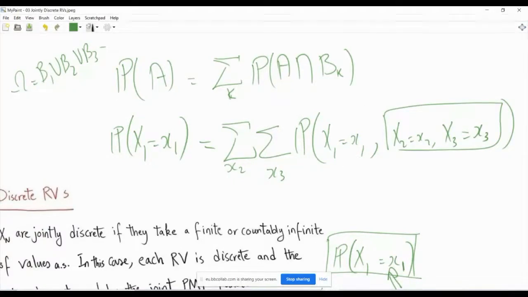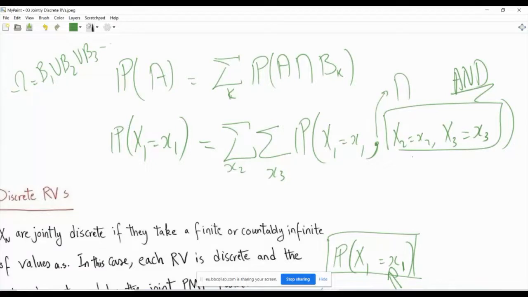I emphasized last time that this comma that we use here is AND. It won't harm if I repeat it: it's an intersection, it is AND. When we talk about random variables, we typically use this comma, and it's nothing but an intersection, an AND. So if I write down something like this, it's the probability that big X1 is equal to small x1 and big X2 is equal to small x2 and big X3 is equal to small x3.